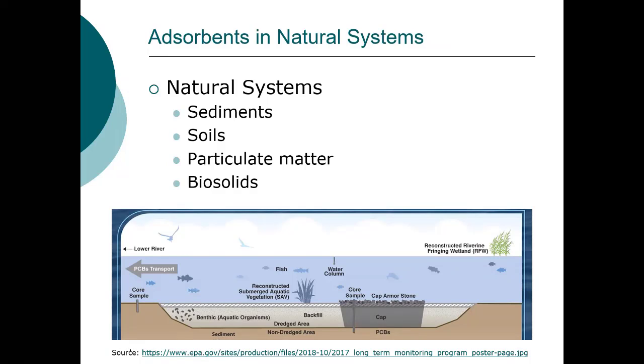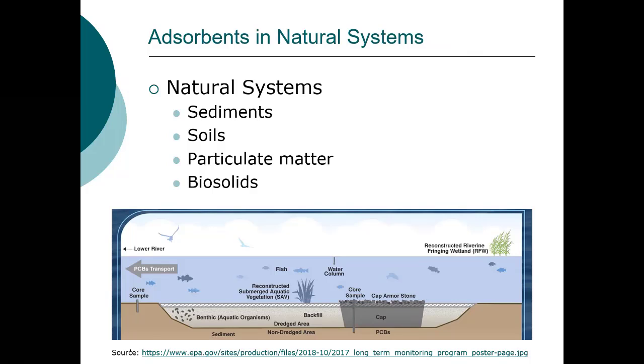Now, if we're looking at sorption, we can look at sorption in natural systems. And shown here is with PCBs. The Hudson River in New York has extensive contamination with PCBs. The Tittabawassee River near Midland also is contaminated. The sediments are contaminated with PCBs.